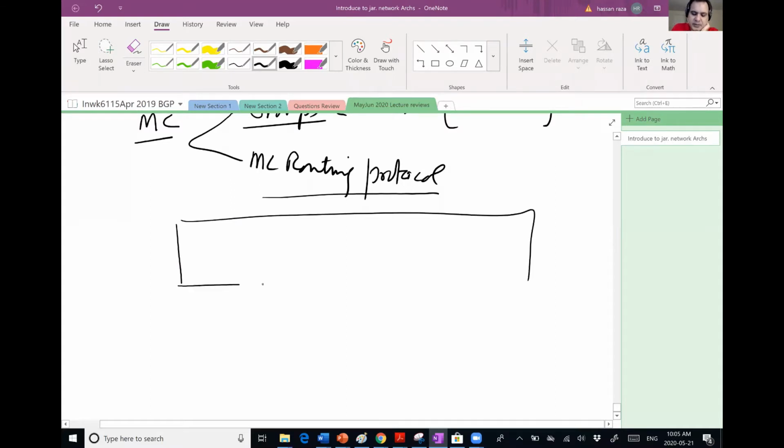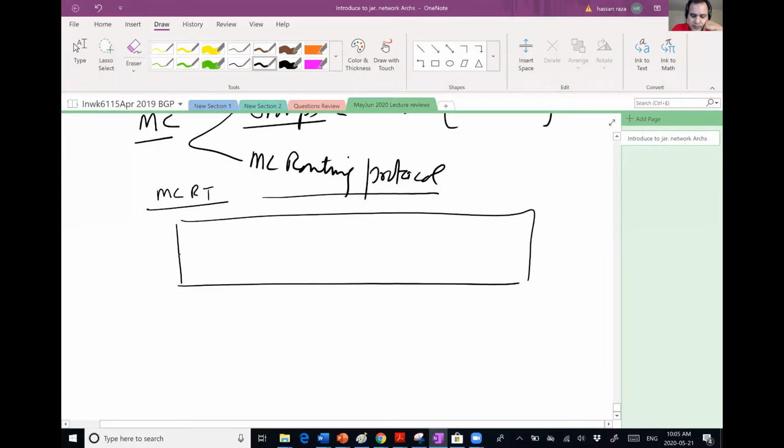So I draw you some parts of the multicast routing table. So I'm saying multicast routing table. That would tell us what we expect from the multicast routing protocol.